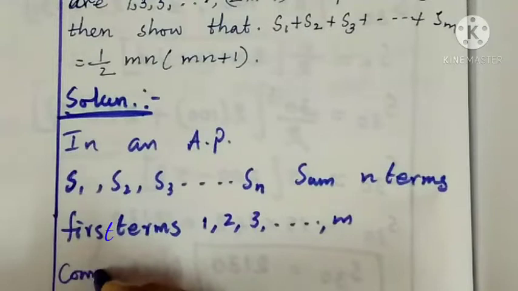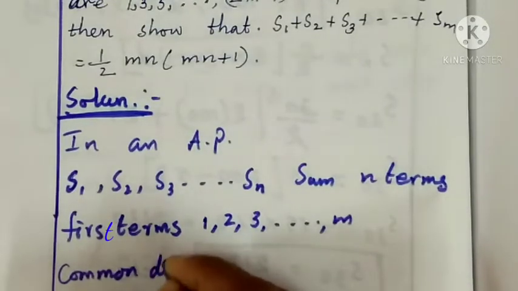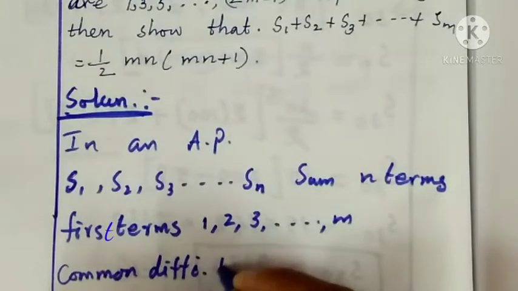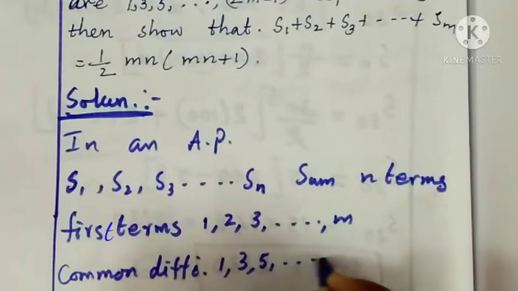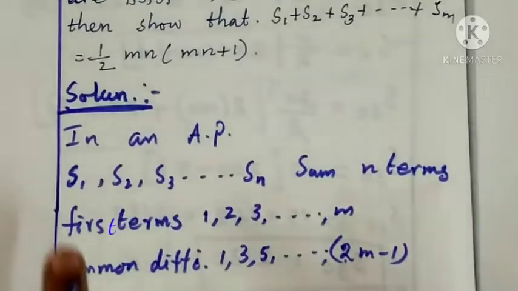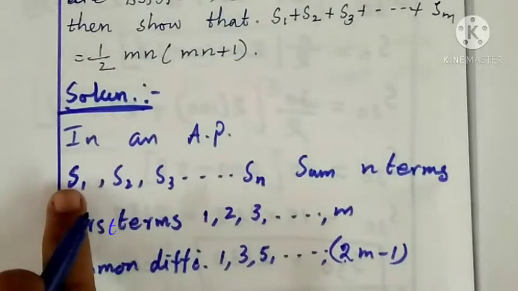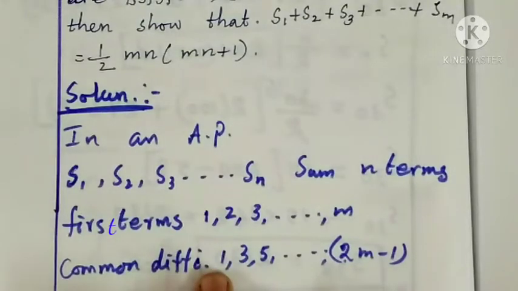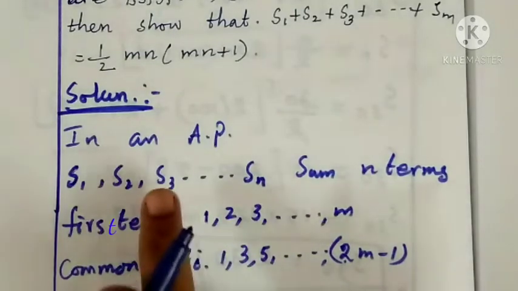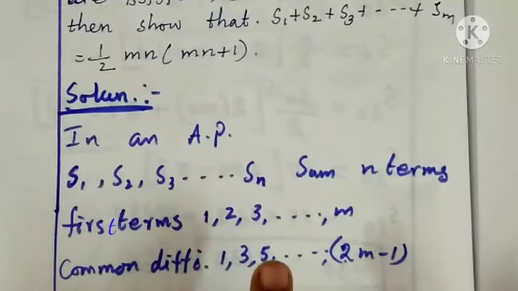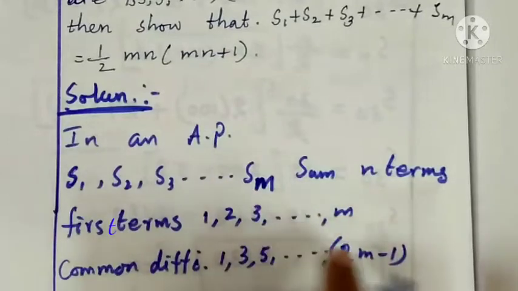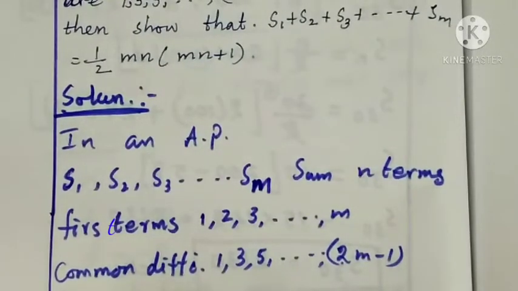Then the common differences of the respective APs are 1, 3, 5 up to 2m minus 1. It means the first term of S1 is 1 and common difference 1. First term of S2 is 2 and common difference 3. Then first term of S3 is 3 and common difference 5. First term of Sm is m and common difference 2m minus 1.